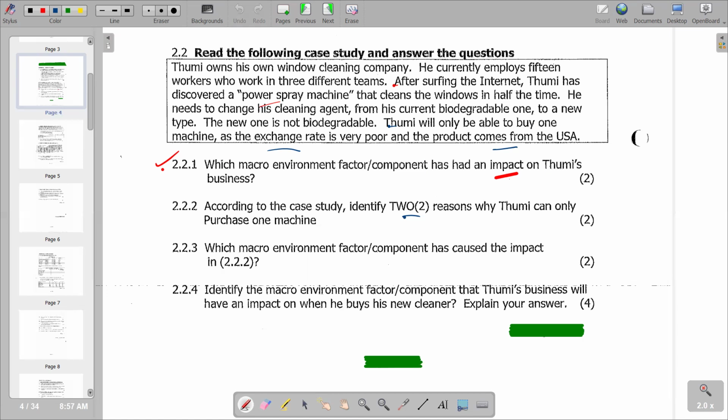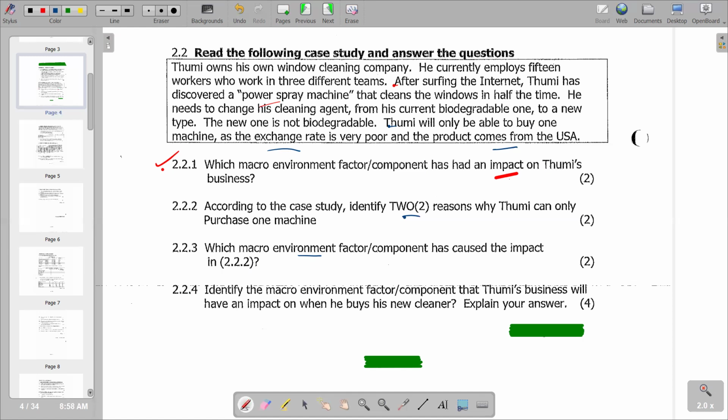So when we have such a scenario, remember we can describe that as an economic environment. Our question is asking for the macro environment factor, so we're saying it's an economic environment. Remember, the explanation on economic environment is that it includes all the external factors that influence consumer behavior, that is the buying habits of consumers in businesses.